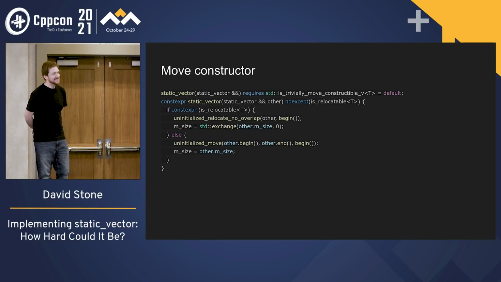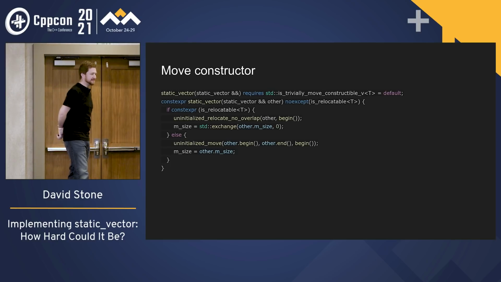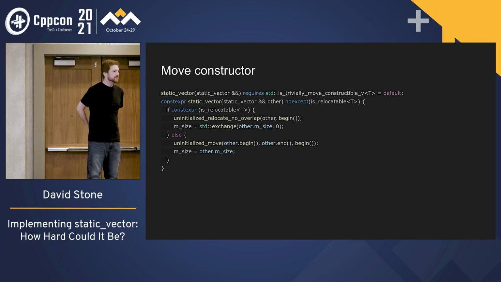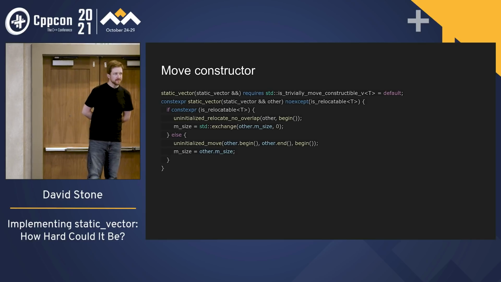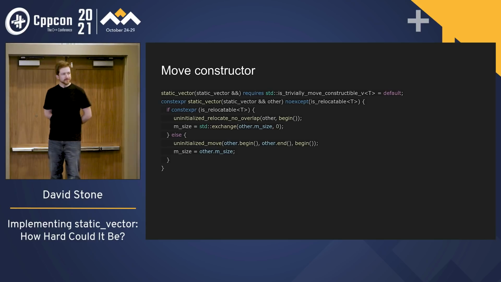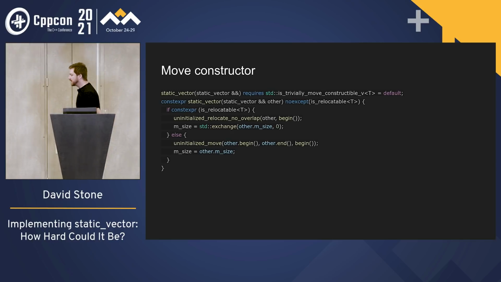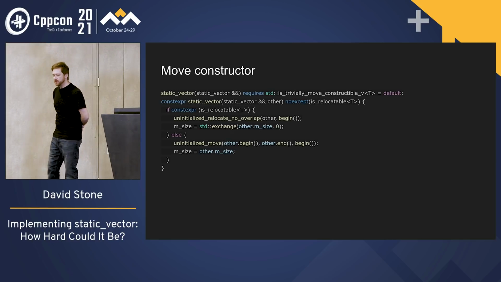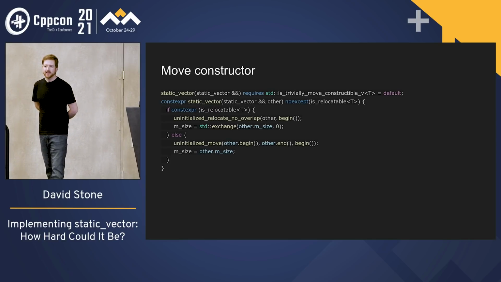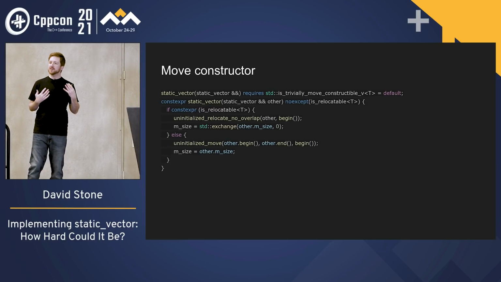Yes, Arthur. I just wanted to add one more thing about relocation, just to emphasize what you're saying. If you're thinking about relocating a unique pointer from point A to point B, relocating a unique pointer is branchless, but destroying a unique pointer has a branch. Yes. You have to check whether it's null and do one thing or the other. For those of you who couldn't hear that, Arthur gave an example of a unique pointer being relocated. Relocating a unique pointer is branchless.